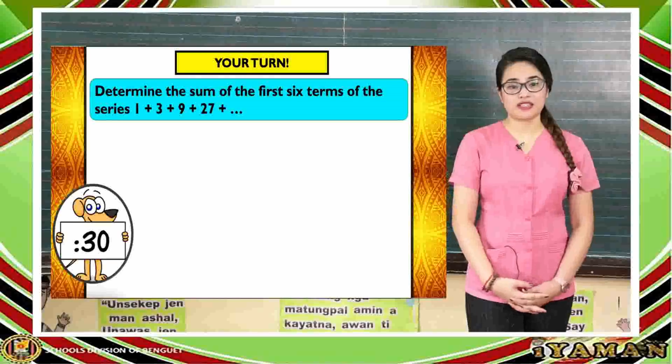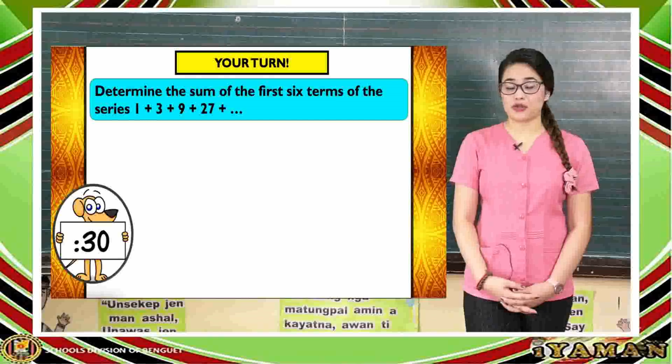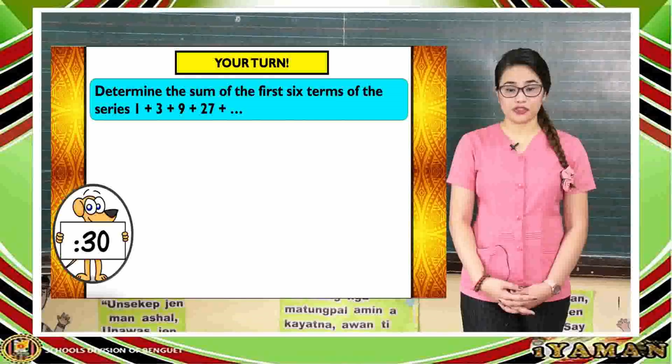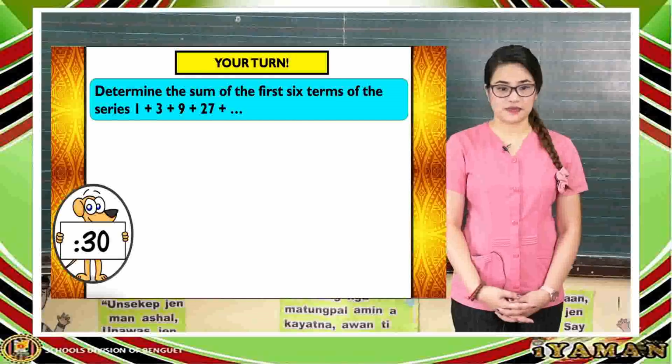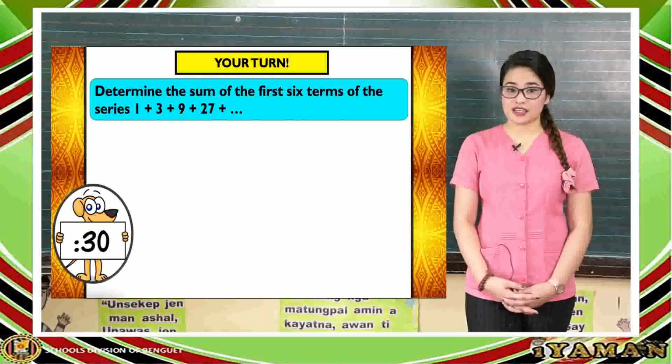The first term is 1, the common ratio is 3, and the number of terms to be added is 6. Now, I'll give you 30 seconds to do it.